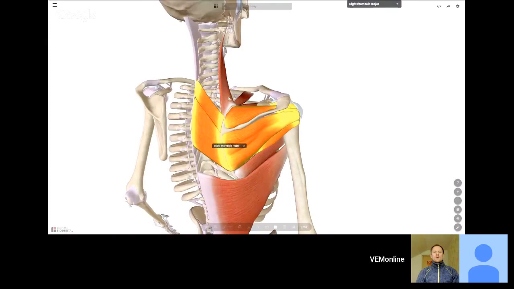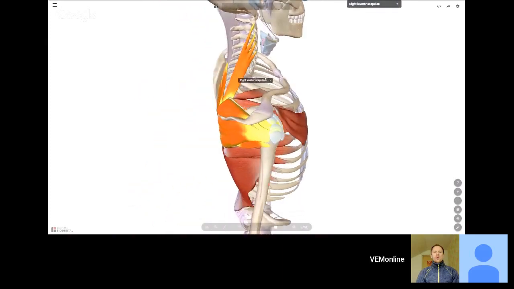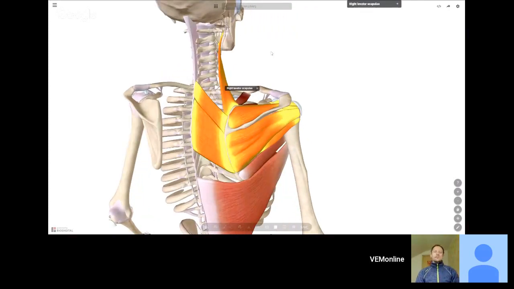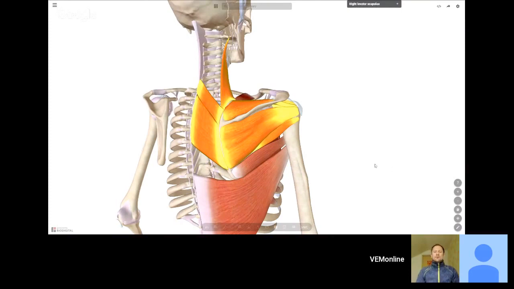So today we will take a look at levator scapula. That's another muscle in the region. As the name states, it refers to elevation of the scapula, and you can see where it attaches. Obviously, it's going to lift the scapula up towards the ceiling if the fibers contract.